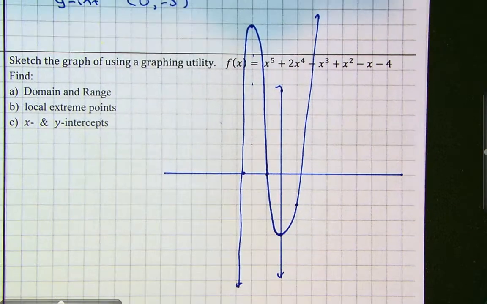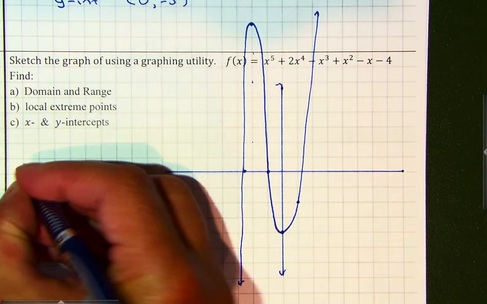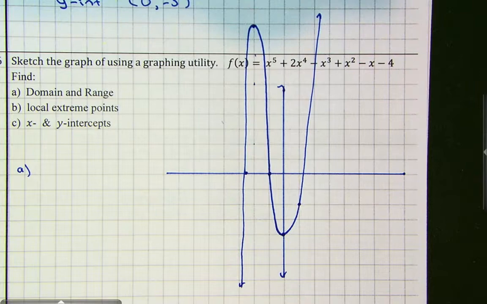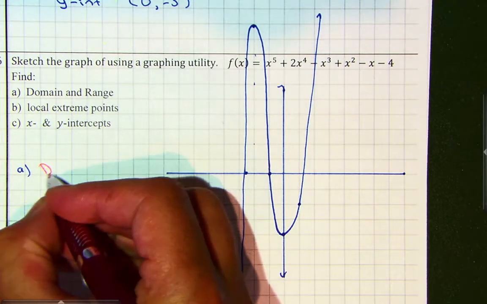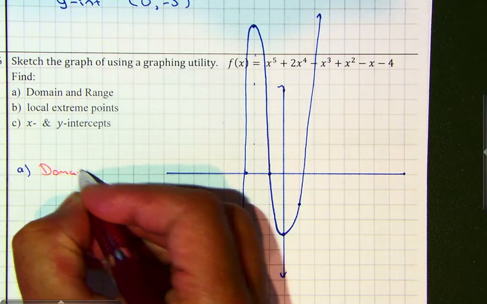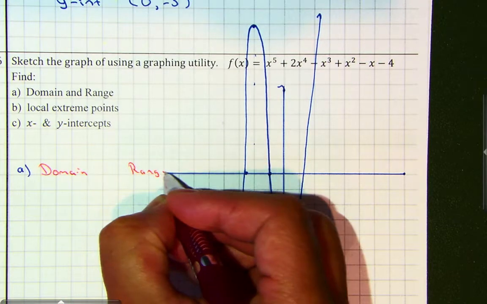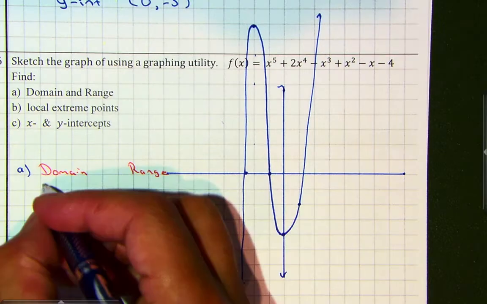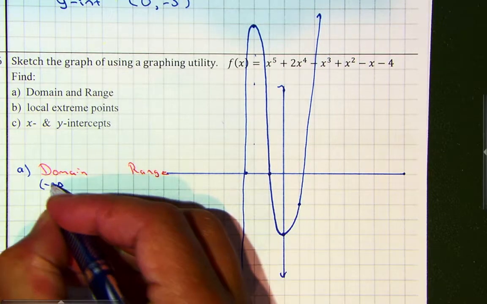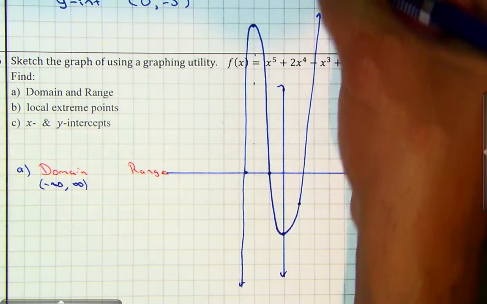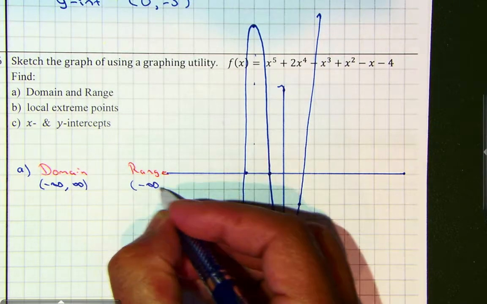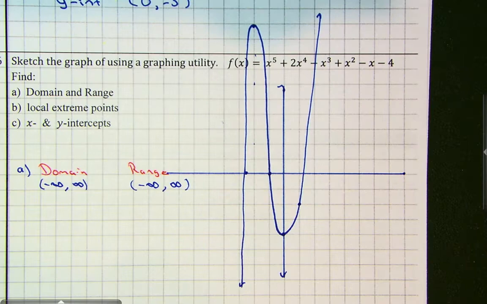So now we can actually just answer the question. A, domain. For polynomial functions, your domain and range are going to be all real numbers. Domain, we can plug in any numbers. Your range goes from -infinity all the way to +infinity. All real numbers.